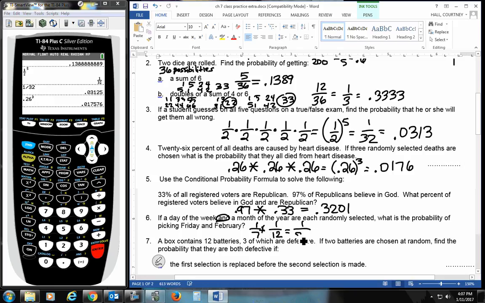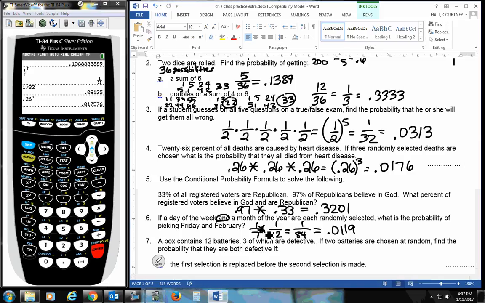So that ends up being 1 out of 84 when you do 1/7 times 1/12. So if we write that as a decimal, you should get 0.0119. So for time's sake, I'm not going to sit here and type every single one in the calculator, but you could do on the calculator 1/7 times 1/12, and you would get the 0.0119.